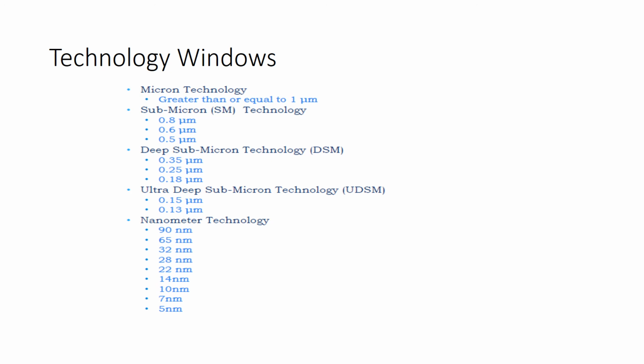As I discussed, they started with 5 micron or greater, and then slowly scaled down the technology. What is scaling? It means you have reduced the size of the component many fold: 0.8 micron, 0.6 micron, 0.5 micron, 90 nanometer, 14 nanometer. Right now we are manufacturing in 14 nano to 7 nanometer technologies.